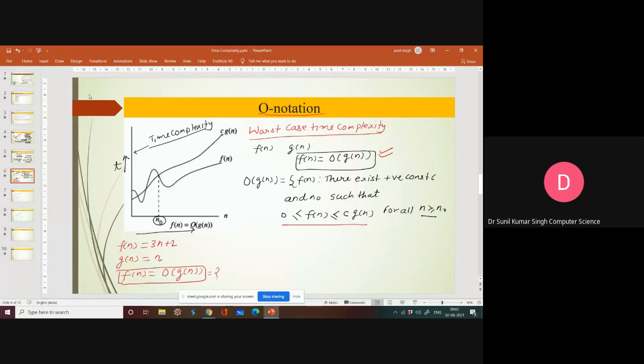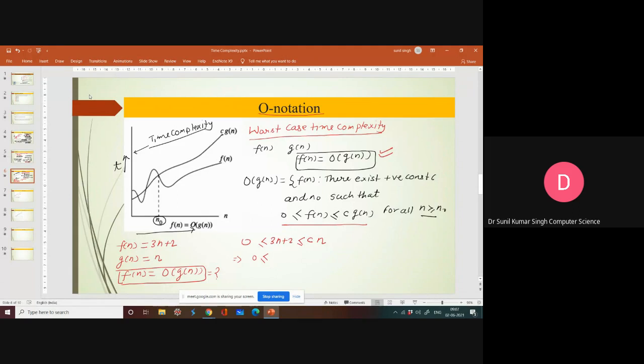So check the condition. f(n) is here 3n plus 2, greater than or equal to 0, and here c g(n) is c n. Now what we can do, we can divide both sides by n, the whole expression, and dividing by n is not going to change the inequality because n is a natural number.